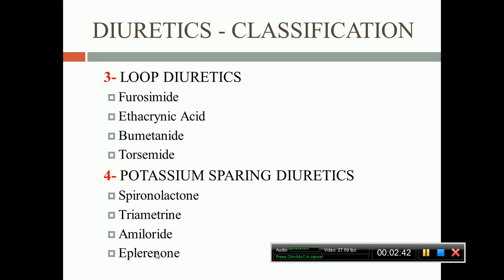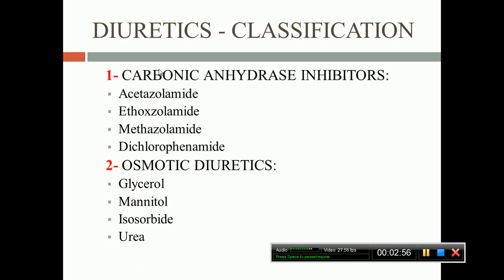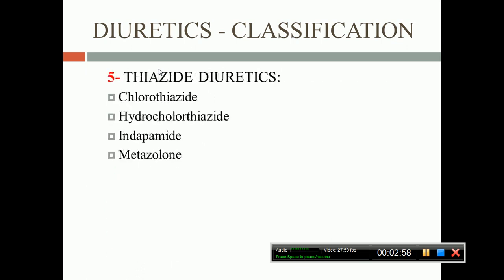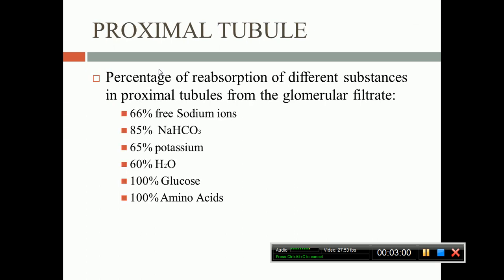For example, as the name indicates, loop diuretics are those diuretics which act on the loop of Henle. That is why these are called loop diuretics. How and why they produce diuresis, and if you remember, diuresis is increased urine volume.